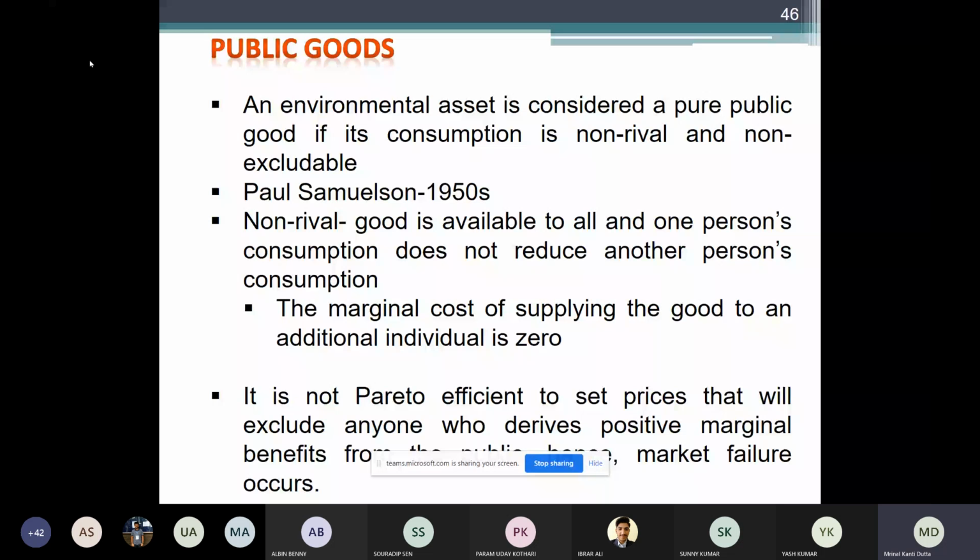Now, in the case of public goods, if both these conditions are satisfied, non-rivalry and non-excludability, then you consider a particular good to be a pure public good. Okay, if something is non-rival in consumption and non-excludable, then we consider this to be a pure public good. But all public goods cannot be pure public goods. In many cases, it might so happen that they have the non-excludability characteristics, but they might be rival in character.